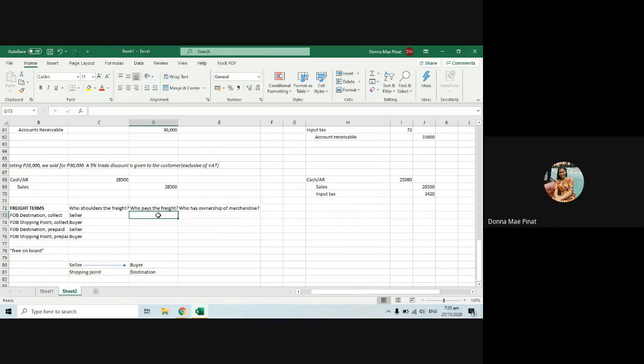So, kung collect gali, always gid na si buyer ang mag-pay. Pero kung prepaid gali, meaning sa point of origin, gibayran na daan ni seller.